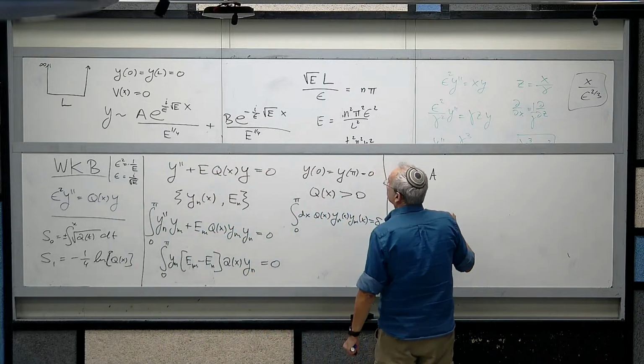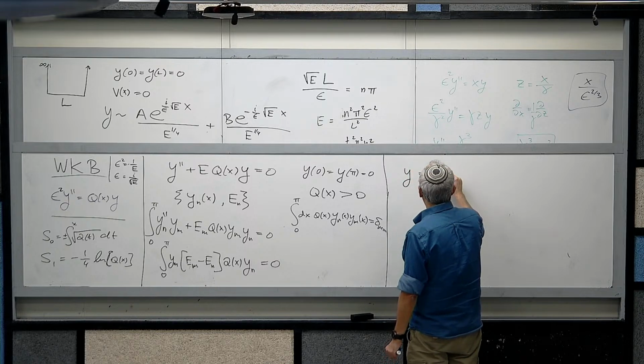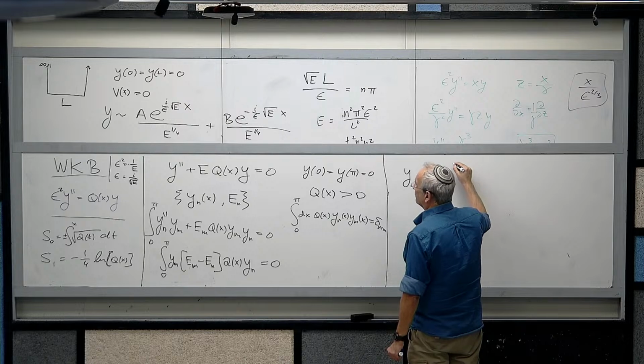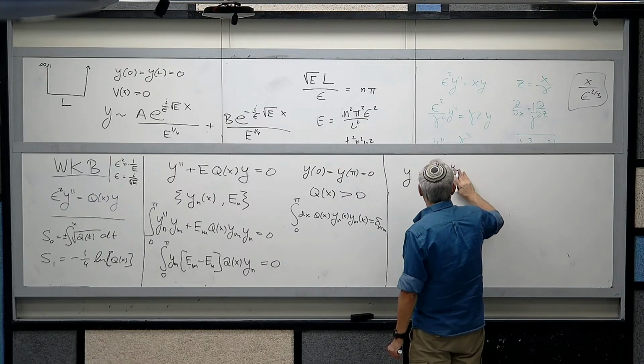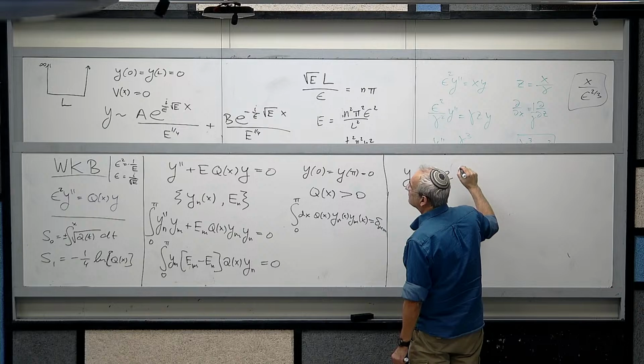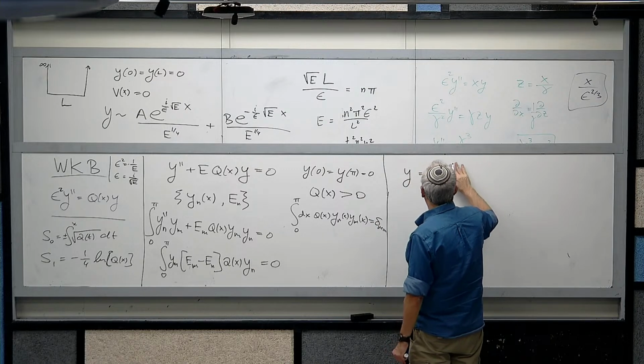So y is A times e to the i over square root of E. No, i times square root of E. Right? The square root of E is constant. But it will cancel out so that you will have minus.